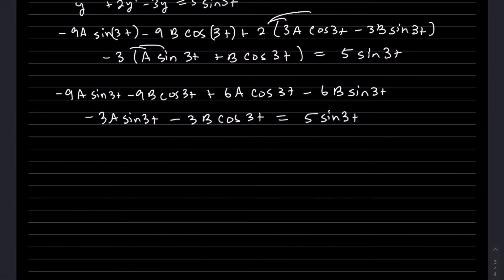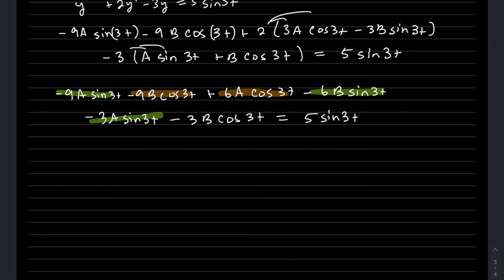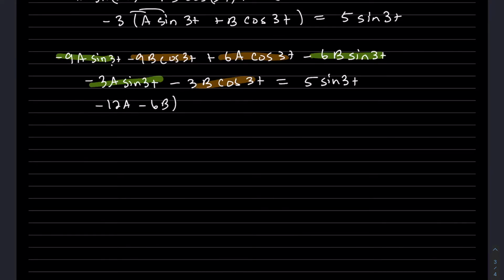Okay, now let's go ahead and add up all of our like terms. I'll start with sine. Cosine. So we have this many of the sines, and then 9b minus 12b, 6a minus 12b of the cosine of 3t's.